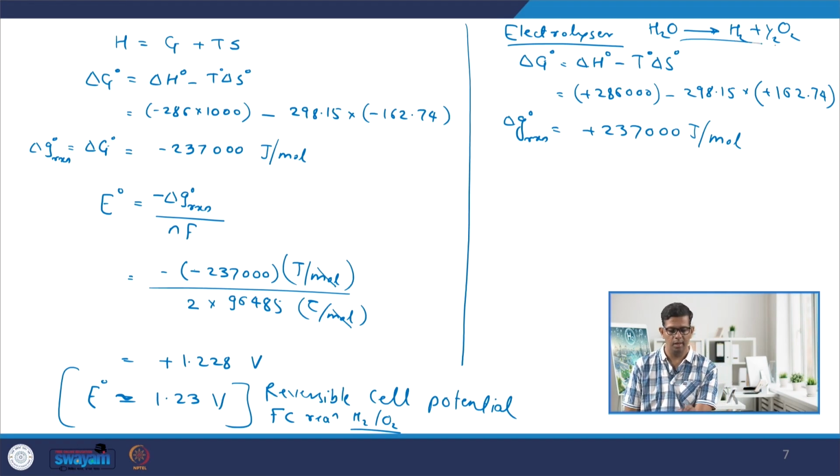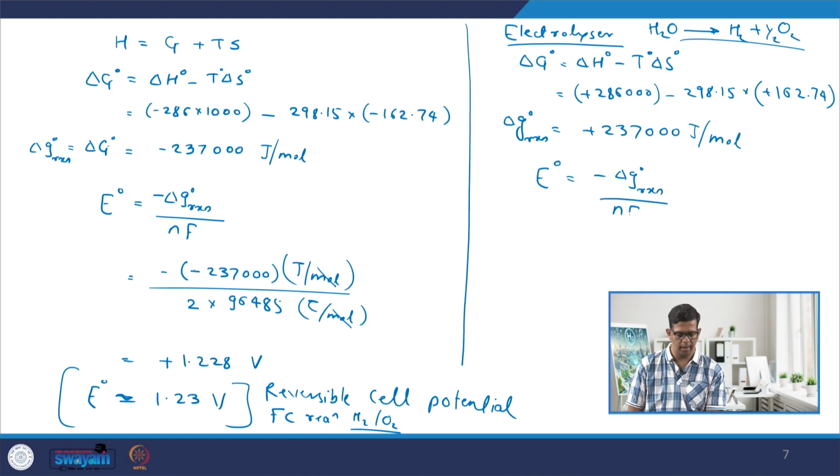Plus 237 means that energy will be required by the electrolyzer to perform that reaction, and the rest of the process remains the same. If you want to find E naught, it is minus of delta G naught reaction by nF.